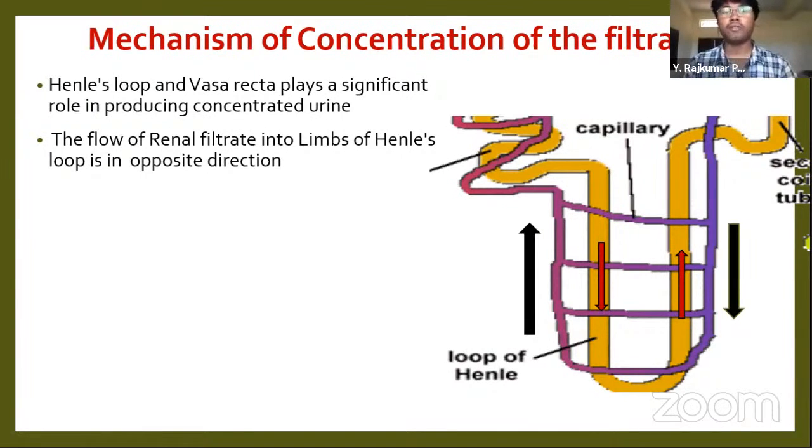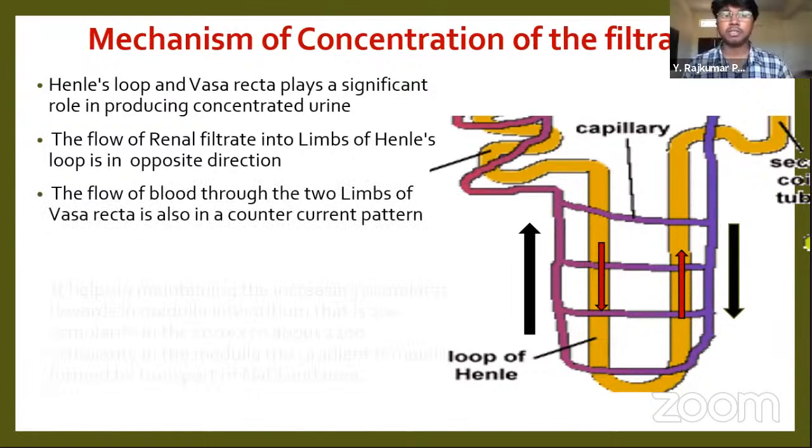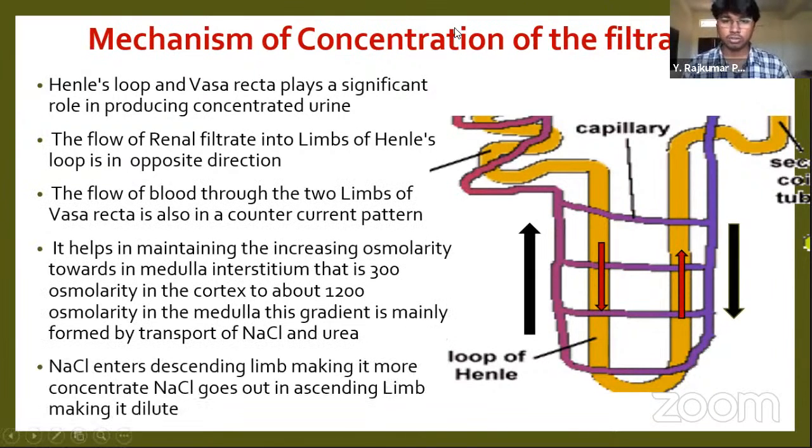The flow of renal filtrate in the limbs of Henle's loop is in opposite directions. Here in the diagram you can see, isn't it? In the descending limb, the renal fluid is going downwards, and in the ascending limb, the renal filtrate is coming upward.